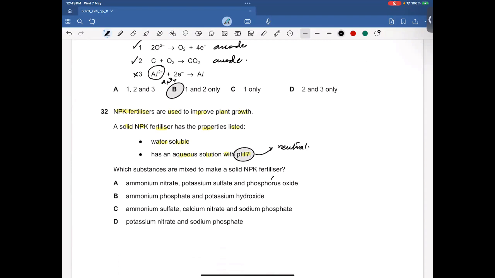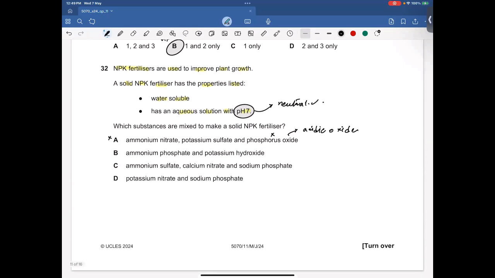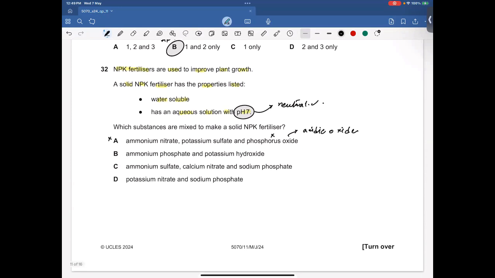So phosphorus oxide is an acidic oxide, and with acidic oxide, we cannot get the neutral solution, which is why A is incorrect. Potassium hydroxide is basically an alkali. With this alkali, मुझे न्यूट्रल सोल्यूशन नहीं मिल सकता क्योंकि इसकी pH जो है वो 7 से ज्यादा है. So I cannot get neutral solution.